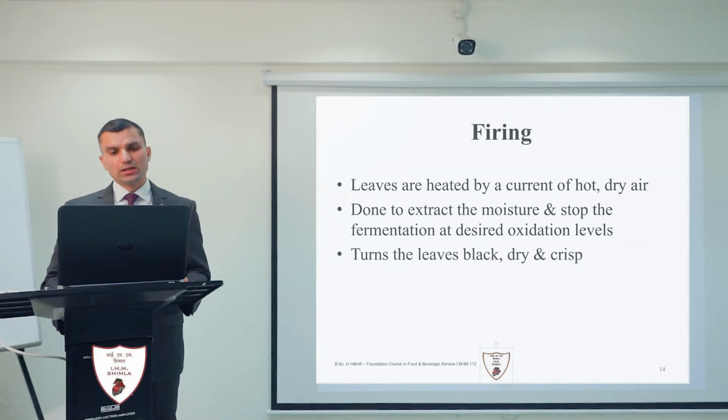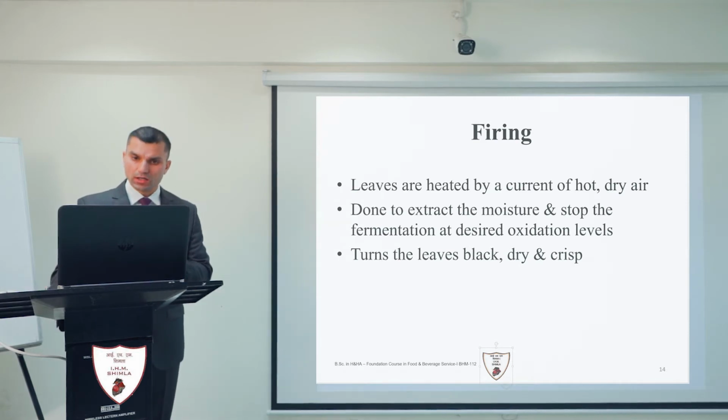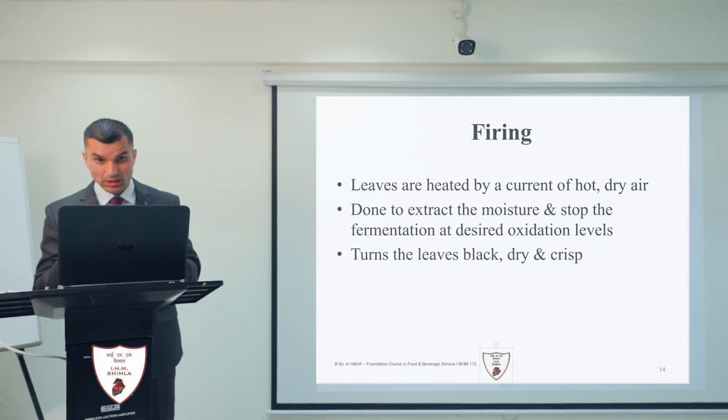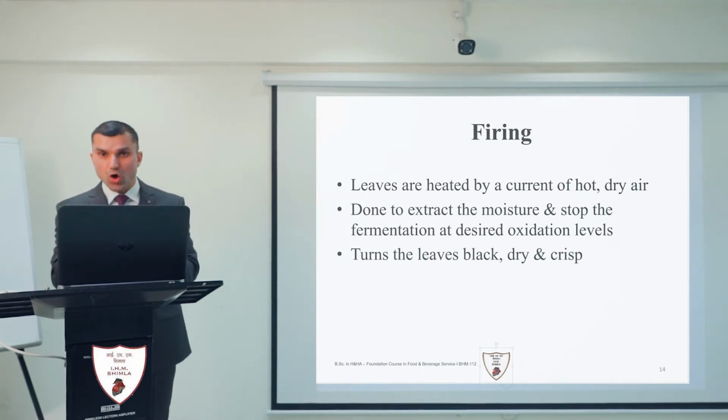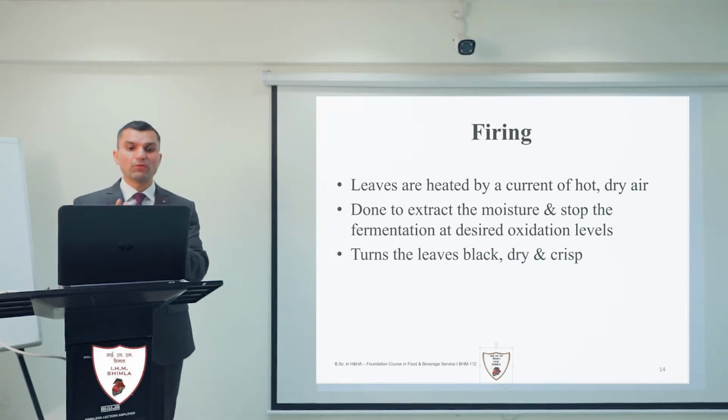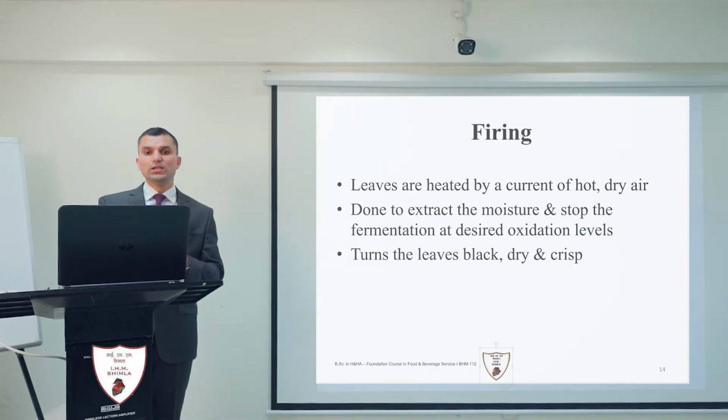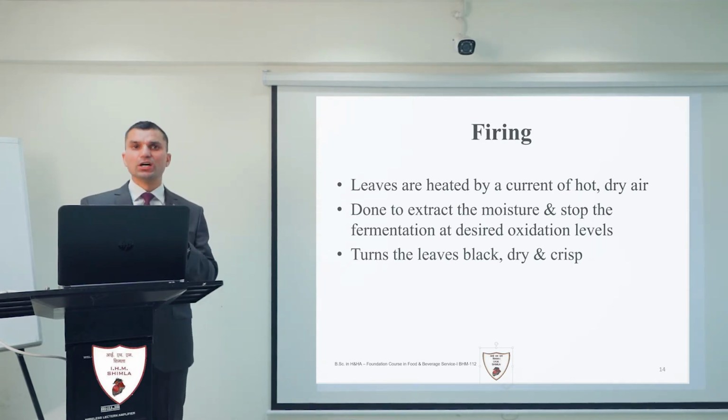In firing, leaves are heated by a current of hot and dry air, and it is done in order to extract the moisture and stop the fermentation as per the requirement of the manufacturer. So by this we can control the oxidation process by firing. Leaves after firing turn black, dry, and crisp.